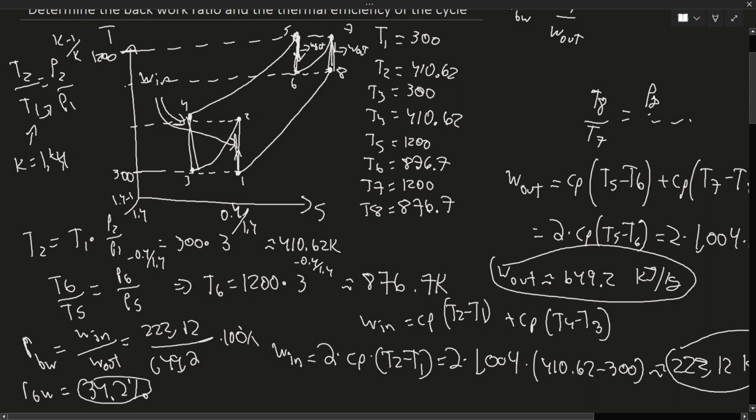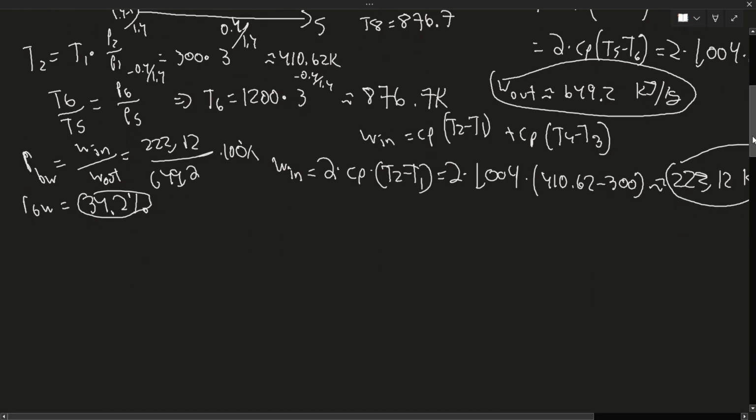That's it. Next, to find the thermal efficiency, usually I use this formula, but since we already have the work done, I'm going to use this formula, W net divided by Q in. Okay?